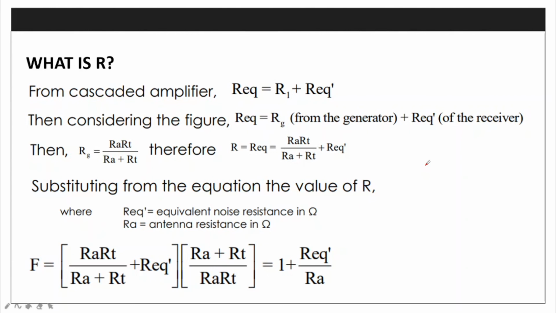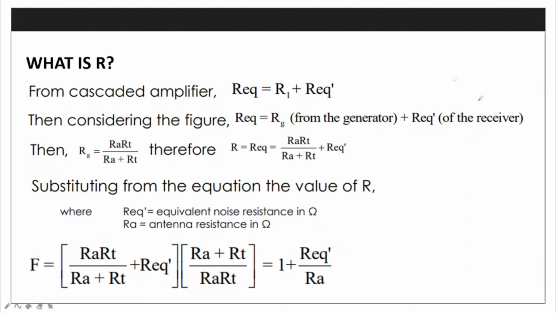Therefore, R is equal to R equivalent is equal to RA-RT over RA plus RT plus R equivalent. Substituting from the equation, the value of R equivalent, or the equivalent noise resistance in ohms, and where RA is the antenna of the resistance.